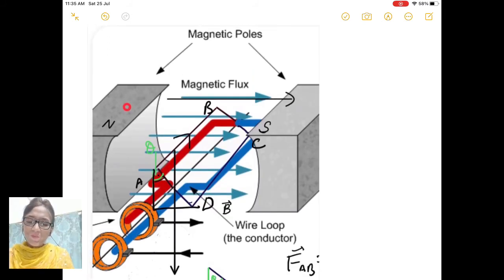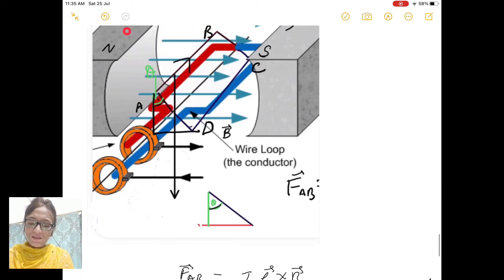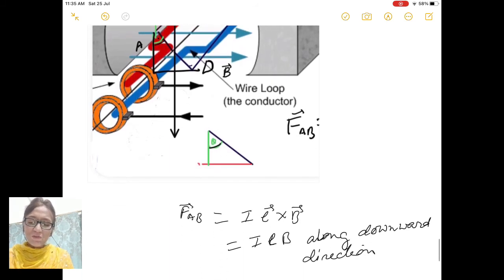So now when the coil has a plane which is not in the plane of the magnetic field and it has rotated through some angle, it is the ABCD coil. In this very condition, let me first of all find the force. Force is equal to I L cross B as per Lorentz law.